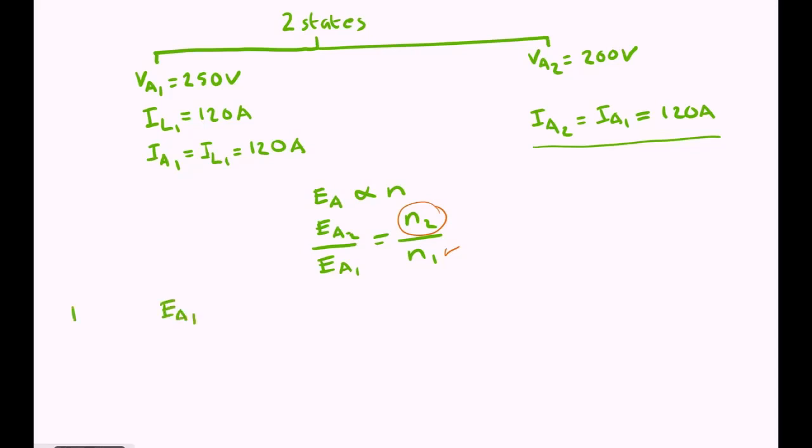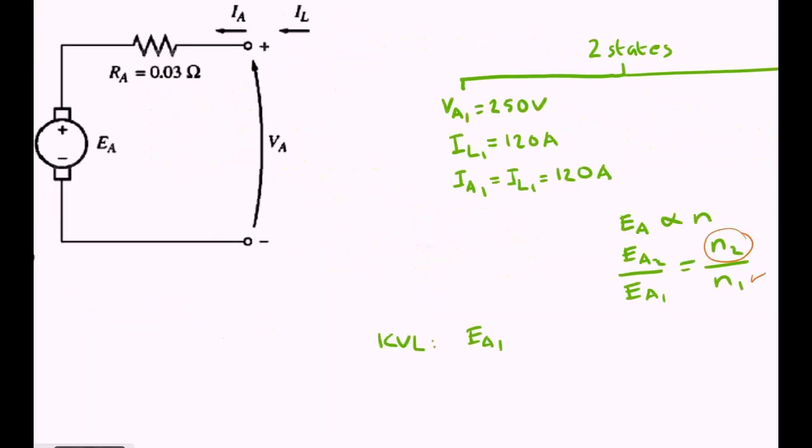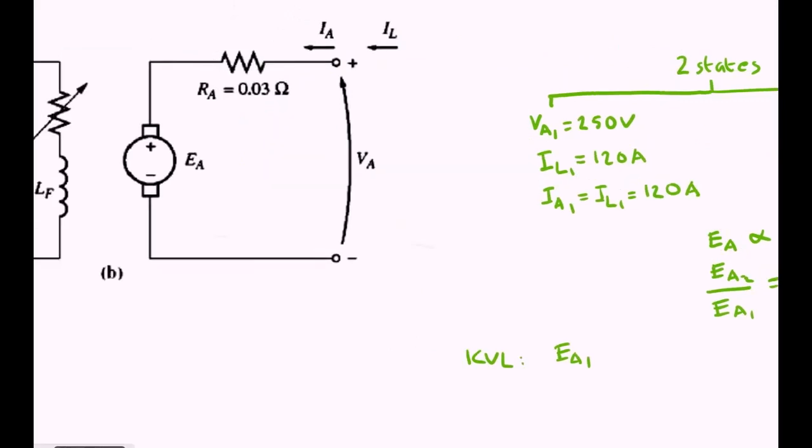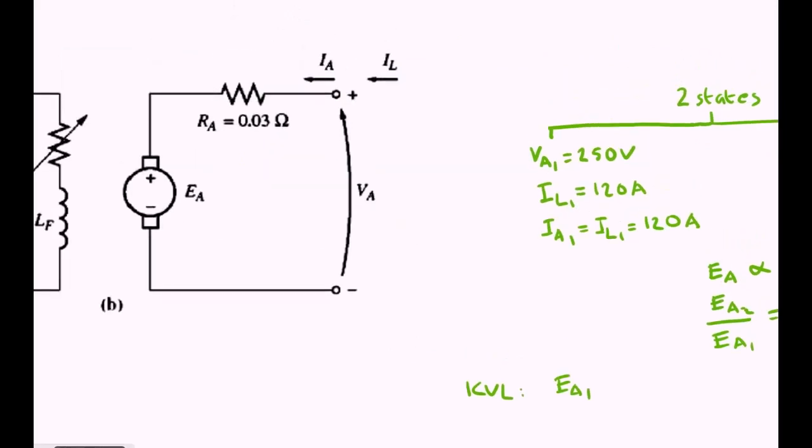And by using KVL, referring to the equivalent circuit, EA plus the voltage across RA will be equal to VA, the armature voltage.